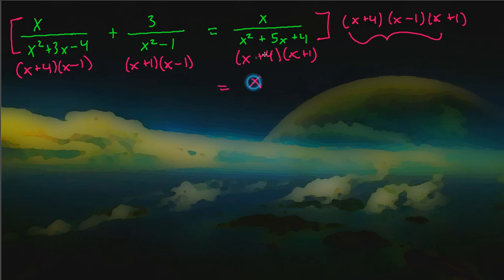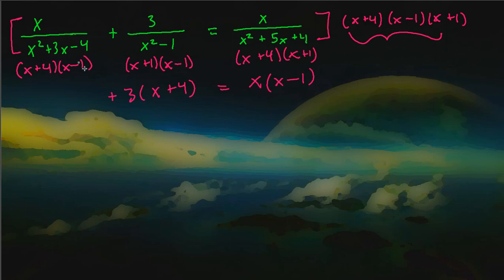So I have this x times, and then the x plus 4 and x plus 1 would cancel, leaving me x minus 1. This whole group then distributes over here, and the x plus 1 and x minus 1 will cancel, leaving me with x plus 4. Now I copy down my plus, and if this were a minus, I'd want to be extra careful.